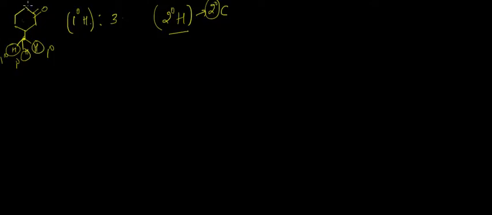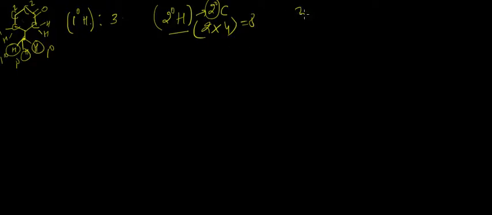If we talk about this carbon atom, it has degree 2, this carbon atom also, this carbon atom also, and this carbon atom also. So the number of hydrogen atoms attached to this carbon is 2, similarly 2, similarly 2, 2. So 2 into 4, the number of 2 degree hydrogen atoms is 8.